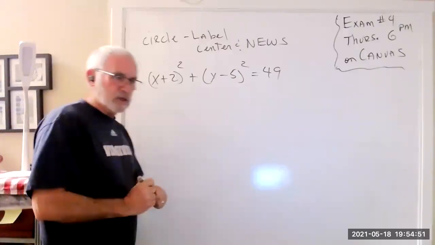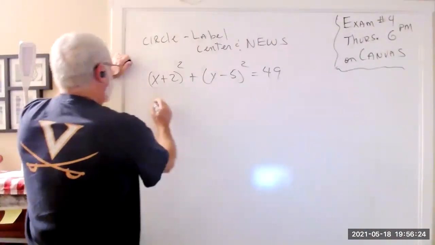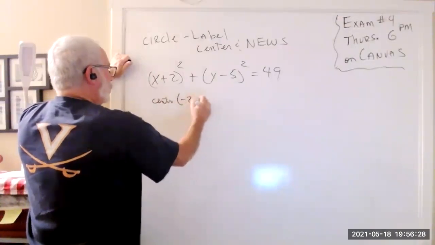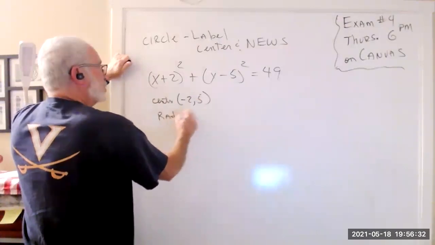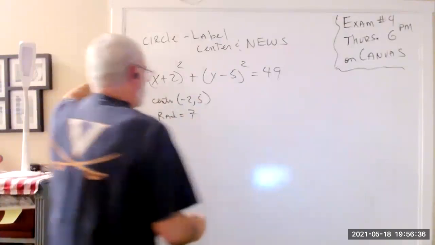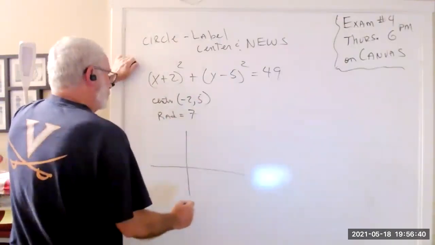Okay, we'll pause and let you guys work on that. Take about a minute and a half. So my center is (-2, 5). My radius is 7. So if I graph this, oops, that's not going to be good.